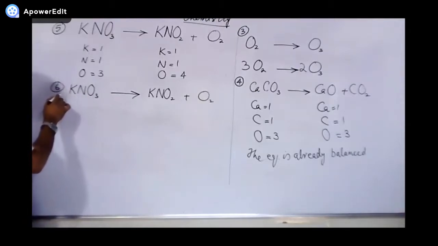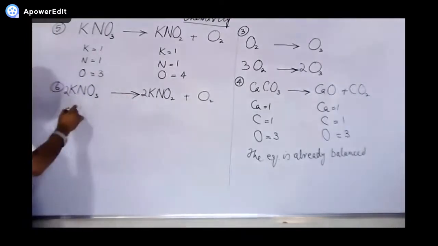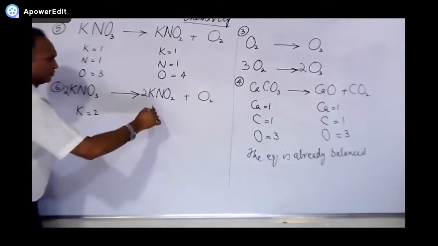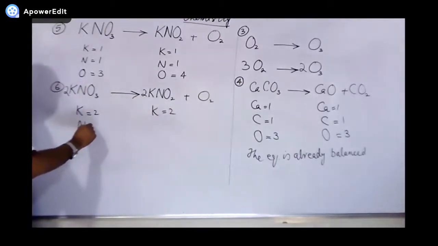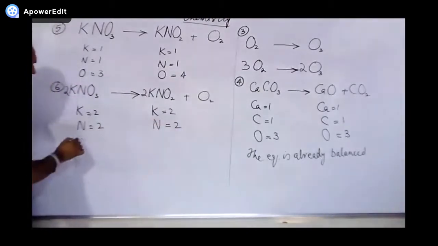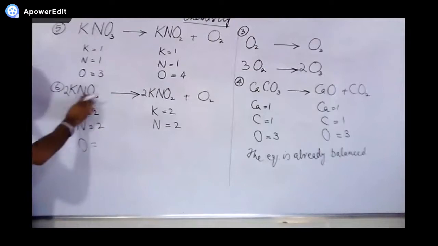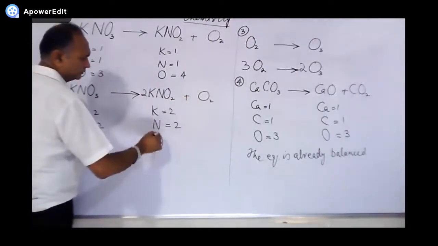What I wrote here, 2 over here and 2 over here. Okay. So what is the situation now? Potassium 2, potassium 2, nitrogen 2, nitrogen 2, oxygens 2 3s are 6, 2 to the 4 or 2, 6.